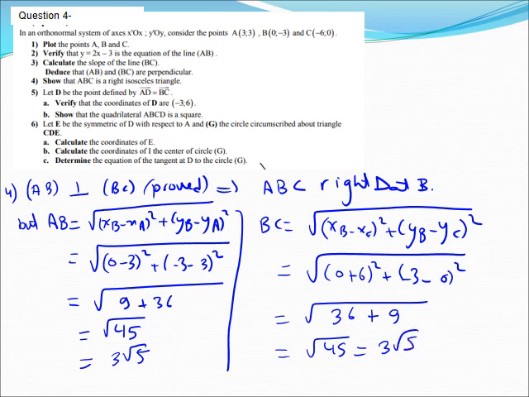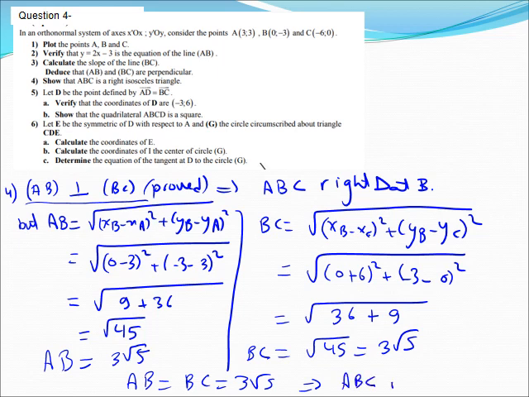AB perpendicular to BC, and AB equals 3 radical 5 and BC equals 3 radical 5. So AB equals BC equals 3 radical 5. Then ABC is a right isosceles triangle.